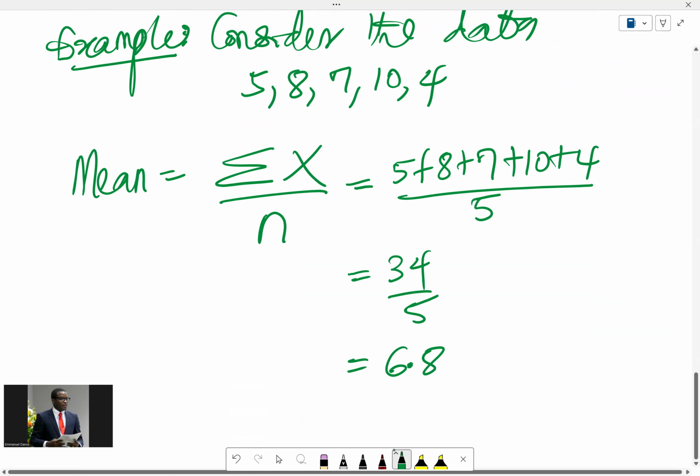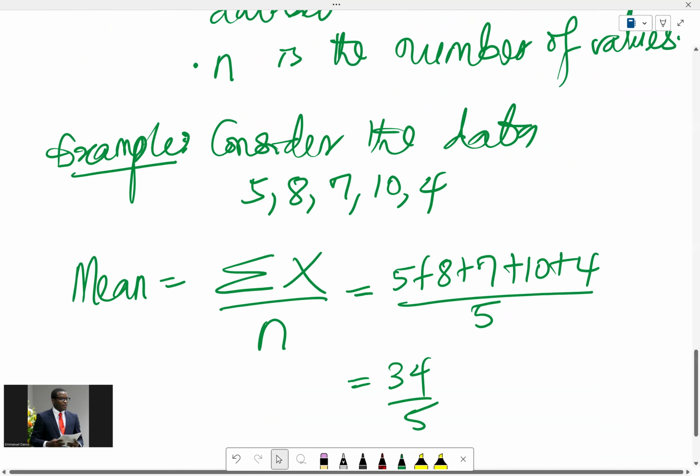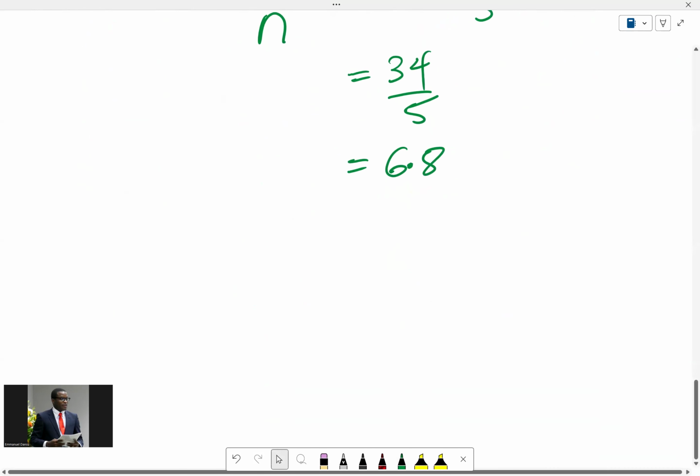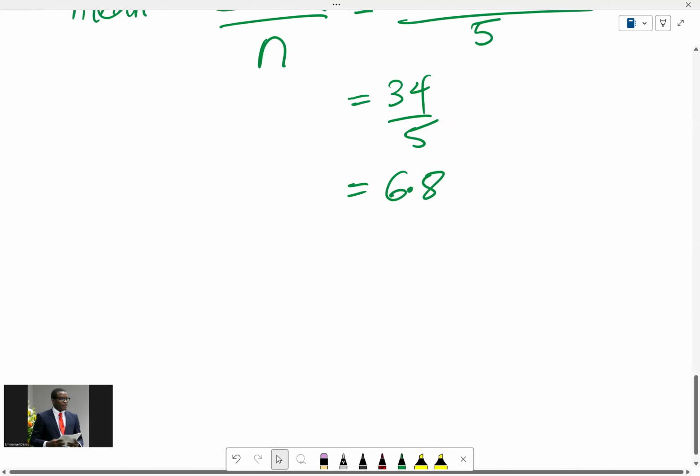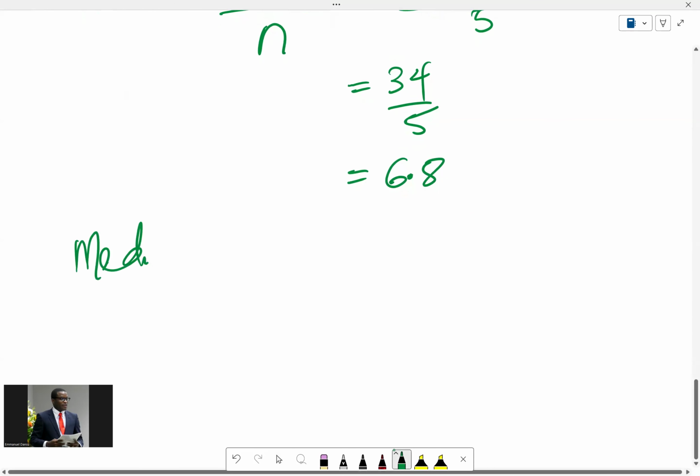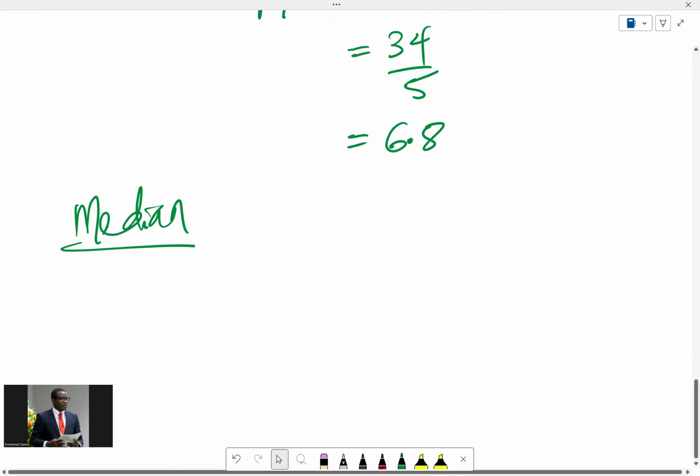How about the median? How do you calculate median for this? We've done mean, so let's talk about median now. What does the median look like for ungrouped data?